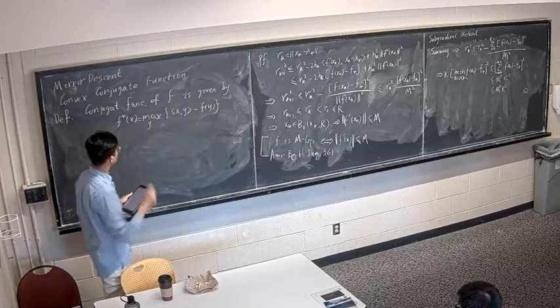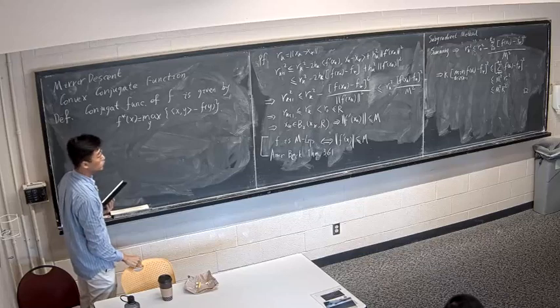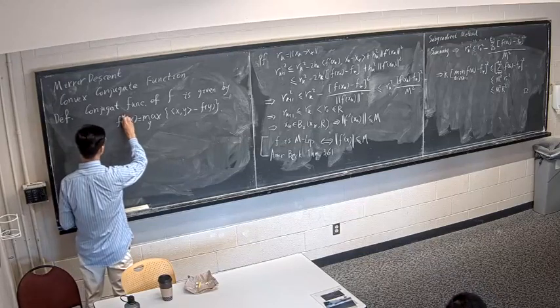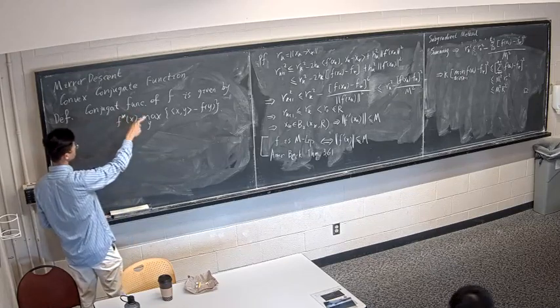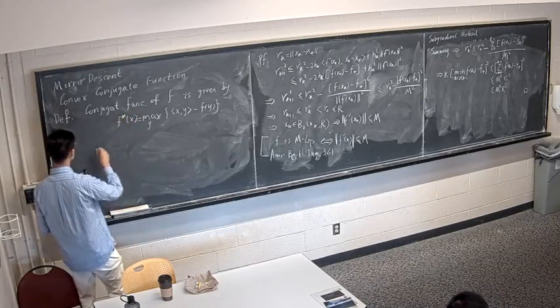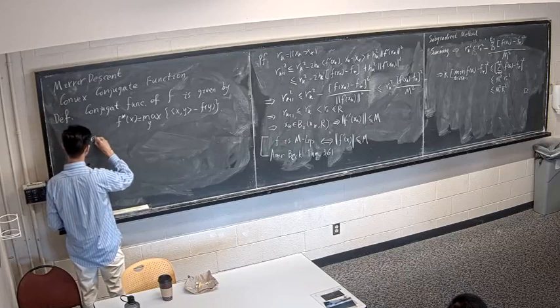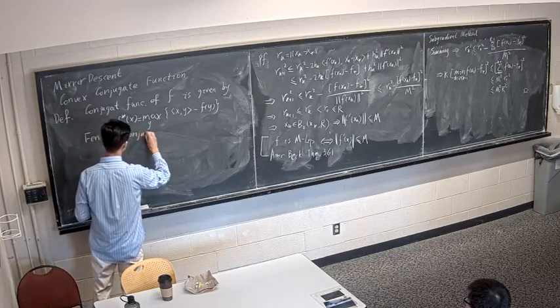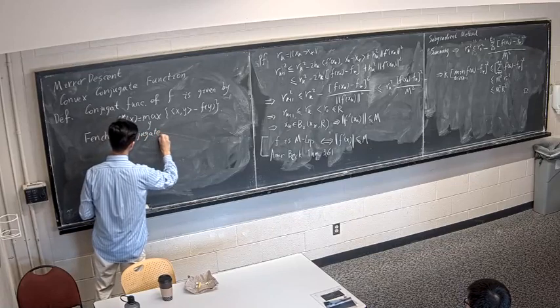Here this f function is just some real valued function. It doesn't have to be convex. And this f star is called the convex conjugate of the function f. Or in some cases, it's also called the Fenchel conjugate. So this is just another name.